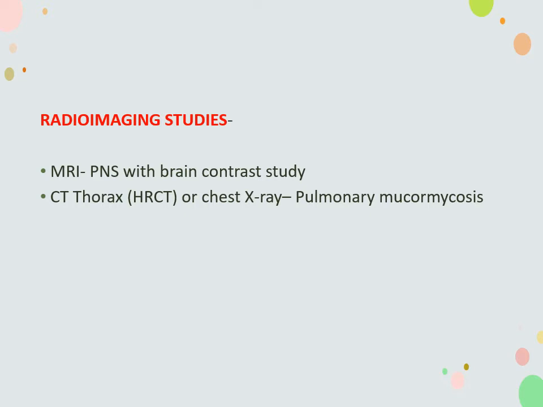Also this is a fatal infection, it is very fast spreading, so we need these imaging studies at that time. So MRI of paranasal sinuses with brain, then thorax HRCT scan or chest X-ray for pulmonary mucormycosis, they can be done.